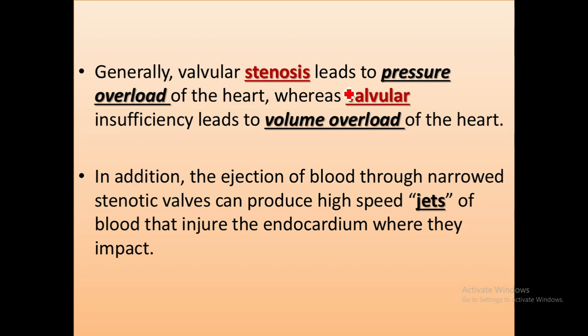Generally, valvular stenosis leads to pressure overload, while valvular insufficiency or regurgitation results in volume overload. In addition, blood when passing through this narrow valve forms high speed jets of blood that injure the endocardium where they impact.